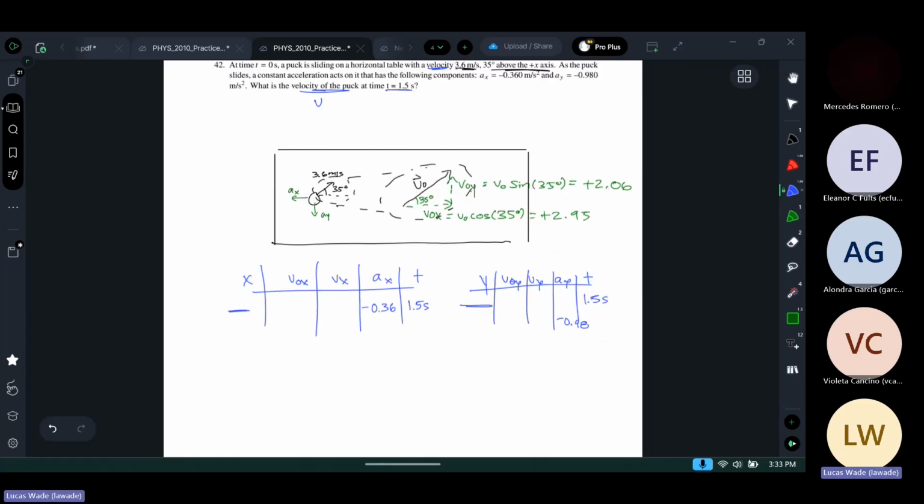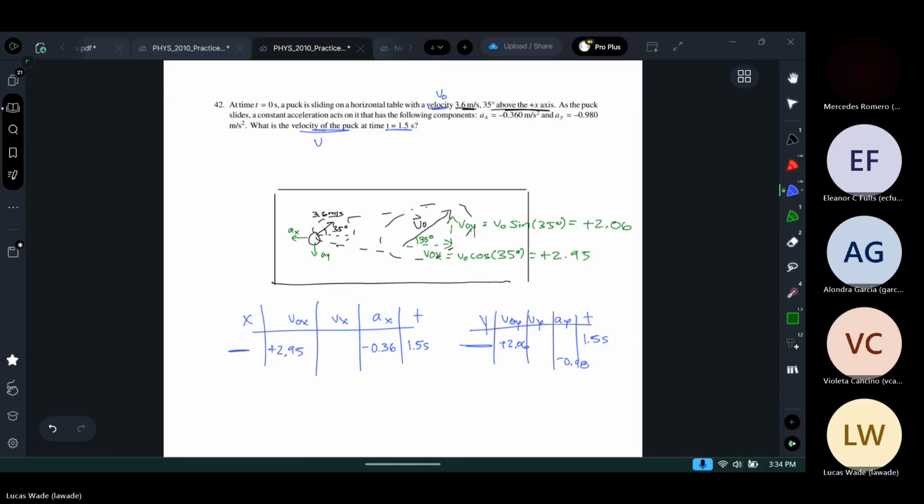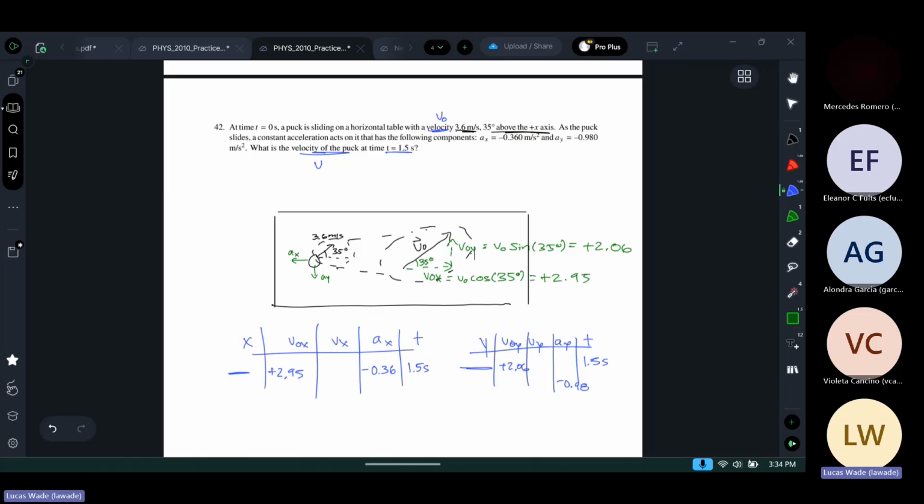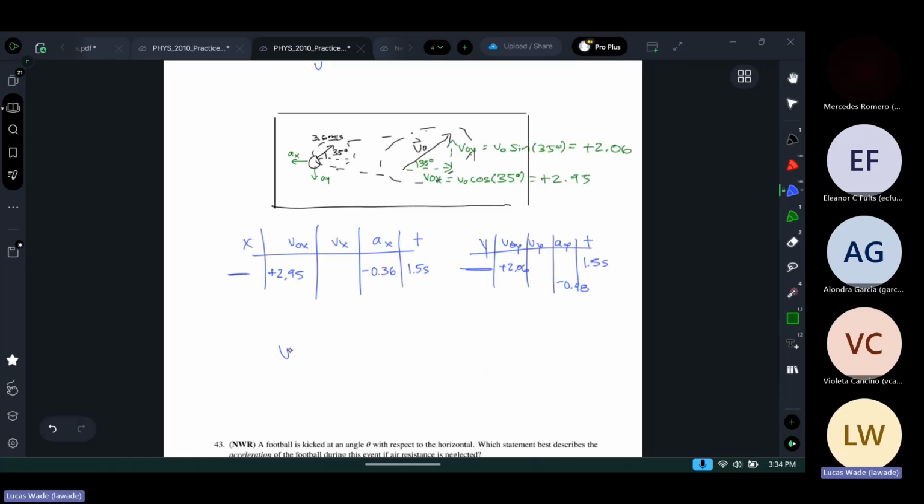Those can go down here, again leaving out units just for space. Okay, and the final question is what is the velocity, meaning overall? That's going to require me to give a magnitude and a direction. But I just have to remember that to get the magnitude, you put together the x and y components.